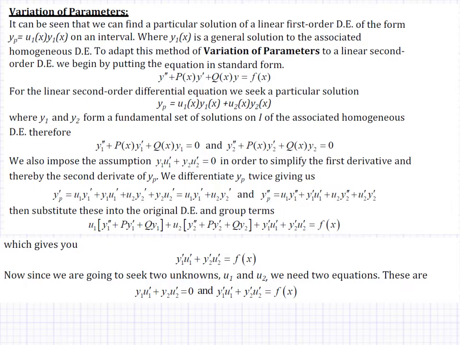Variation of parameters is a little different in that there are very few requirements as to when you can use it, so it's much more widely usable for a lot of differential equations. The downfall is we're going to need some linear algebra. Without a big background in linear algebra, we can still get through it.